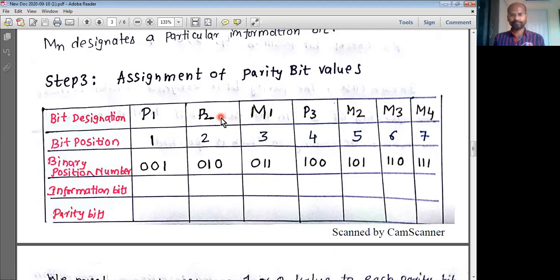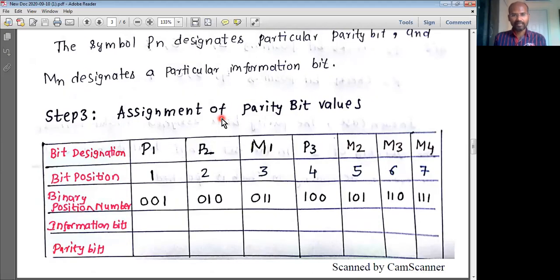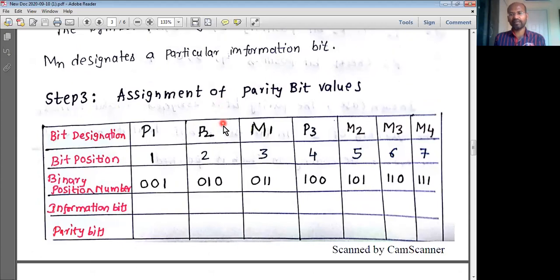In the second step, we saw in which places the parity bits will be added. It is not that we first send the first 4 bits and then add the parity bits after. We have to give proper places for these parity bits. The first, second and fourth places are reserved for parity bits. In the remaining places we place the message bits.